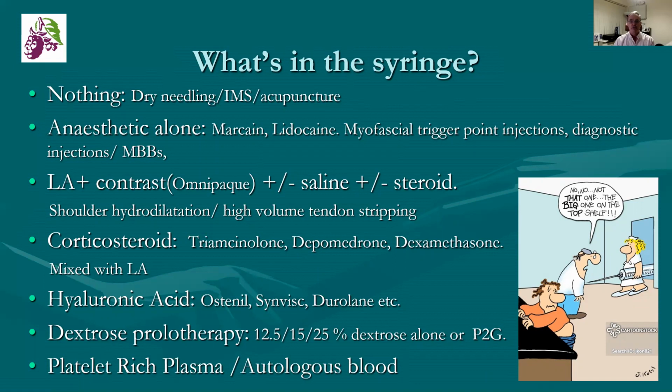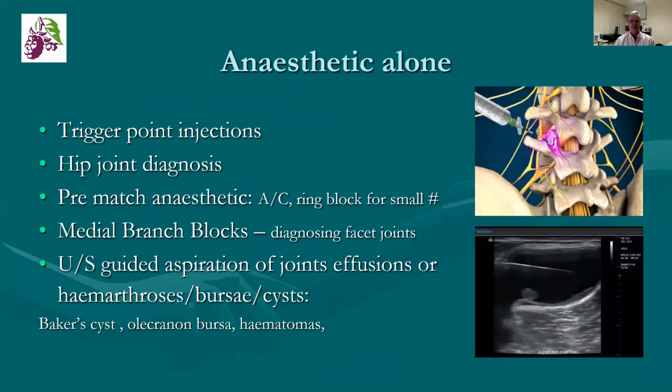Dextrose prolotherapy, which is a hypertonic solution of dextrose, or platelet-rich plasma and autologous blood. Lots of options there. So with anaesthetic alone, we may inject it to desensitize trigger points.